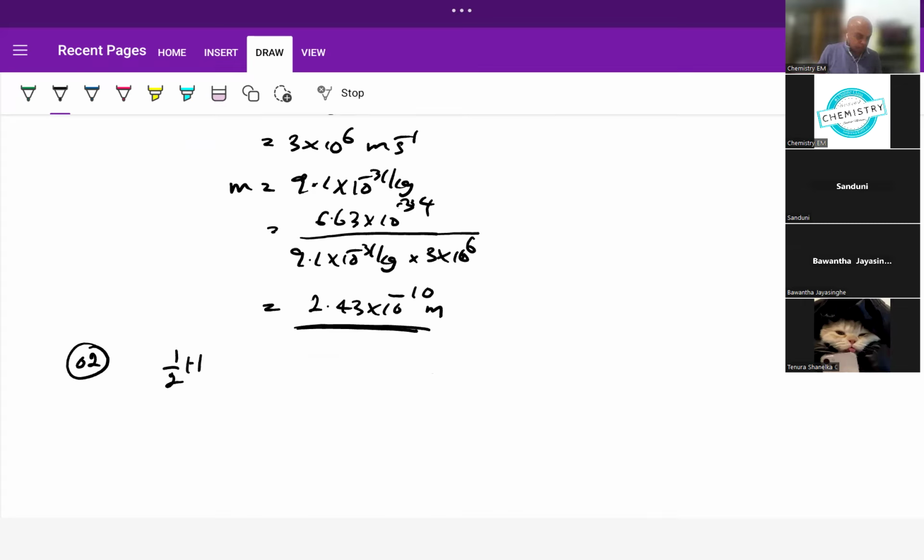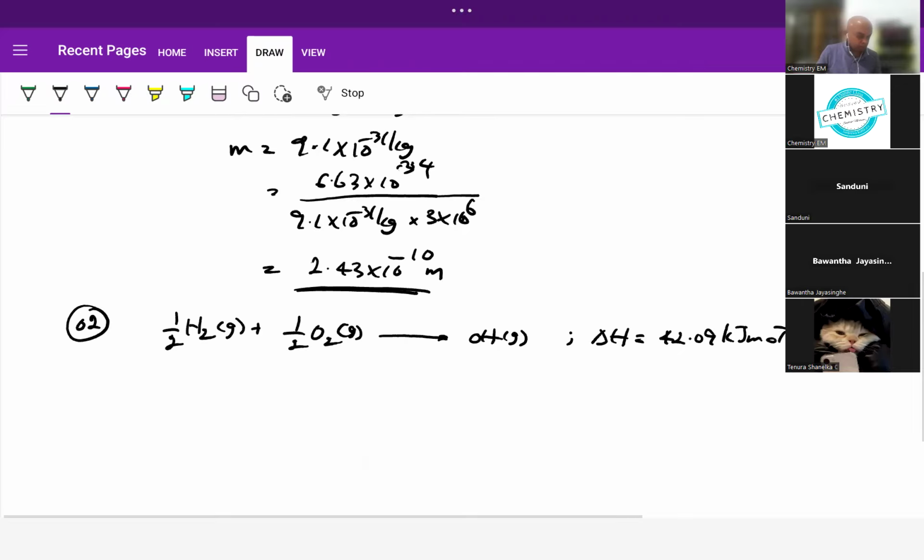Half H2 gas plus half O2 gas gives OH gas. Delta H is equal to 42.9 kilojoules per mole. My handwriting is a bit messy. H2 gas converts into 2H gas.